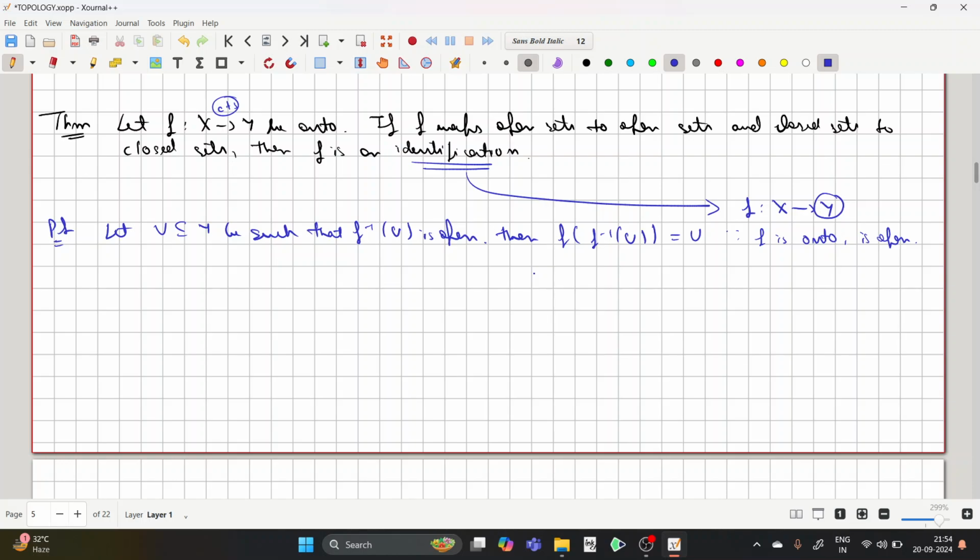And conversely, since f is continuous, if I start with U open in Y, f inverse U is open. So the converse holds by continuity of f, and thus f is an identification map.